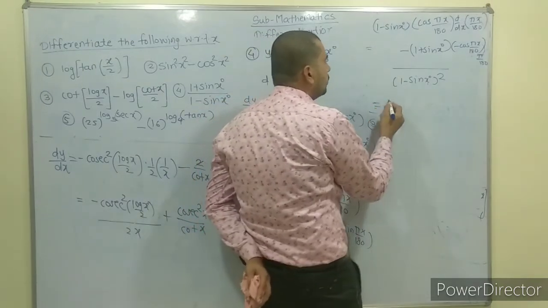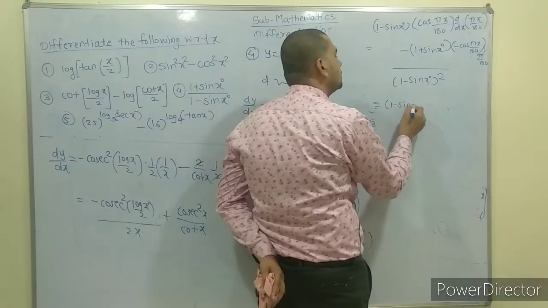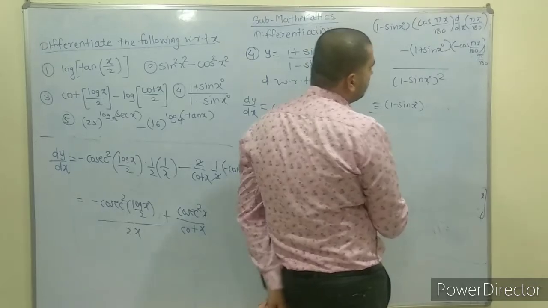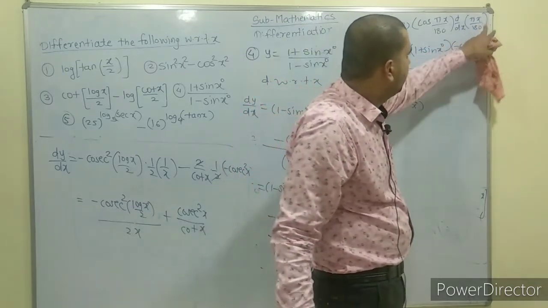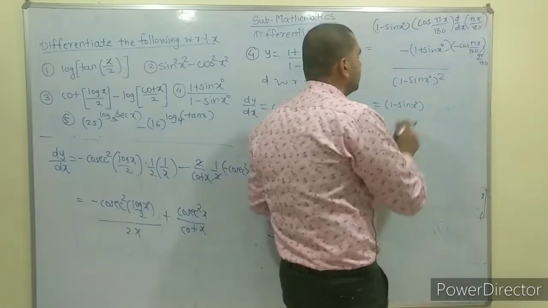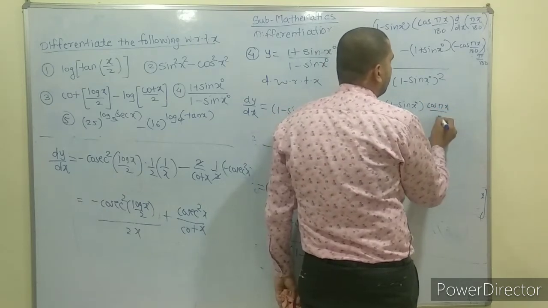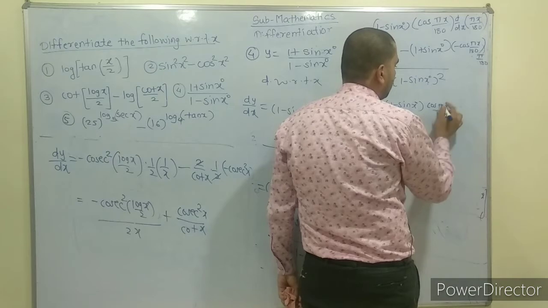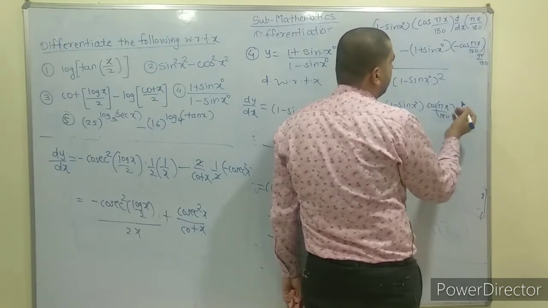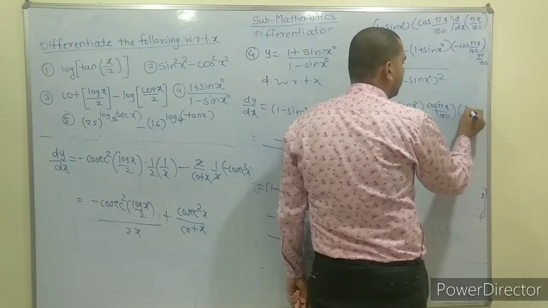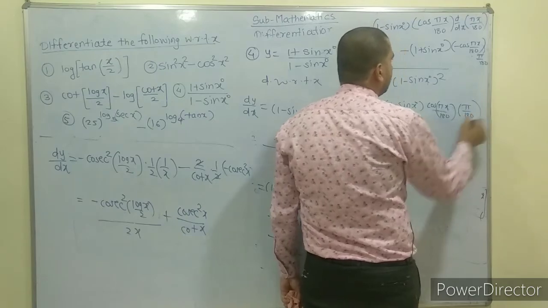So this is equal to 1 minus sin x degree. Derivative of pi x by 180 is pi by 180. So cos(pi x upon 180) into 1 pi by 180.